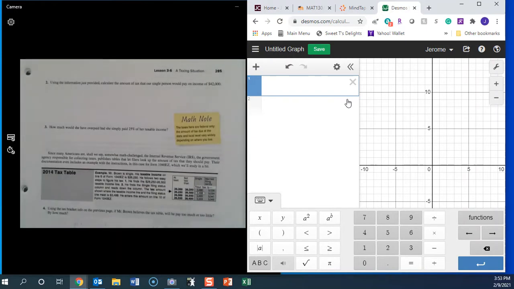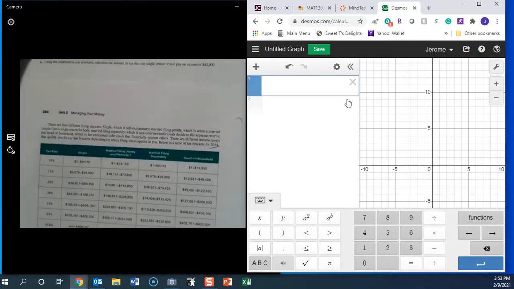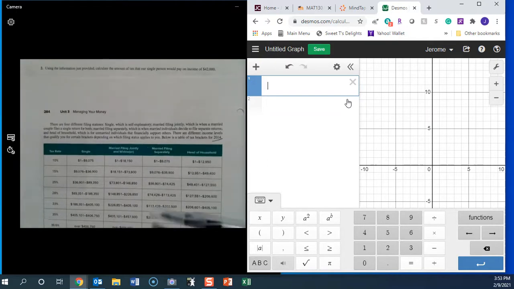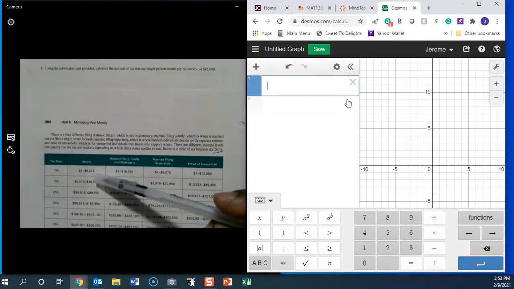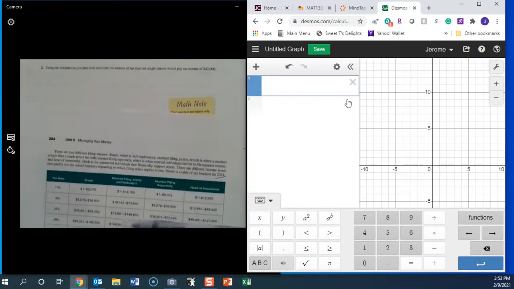It says using the information just provided, which is from that table, calculate the amount of tax that our single person would pay on income 42,000. All right, so I want to take this very, very slow. Remember, this person is single, and that plays a big part in it because that will let you know where to go to. So they're single with $42,000.